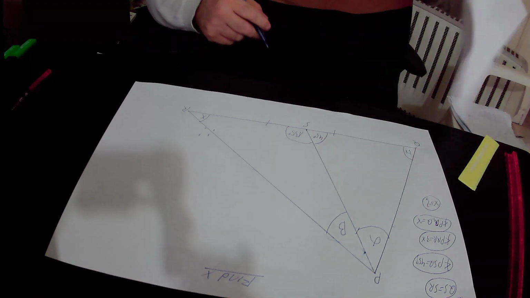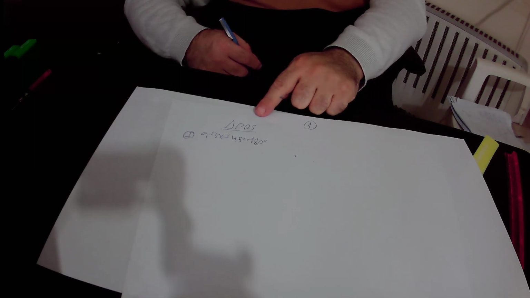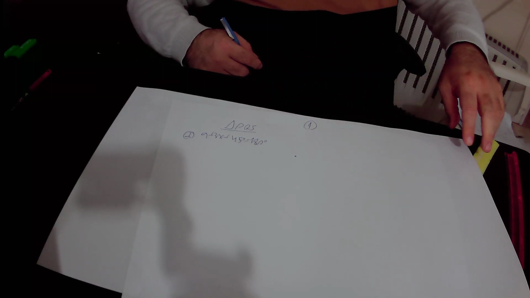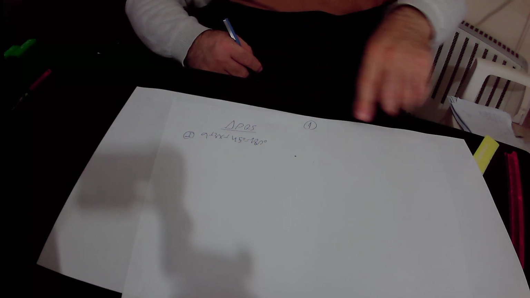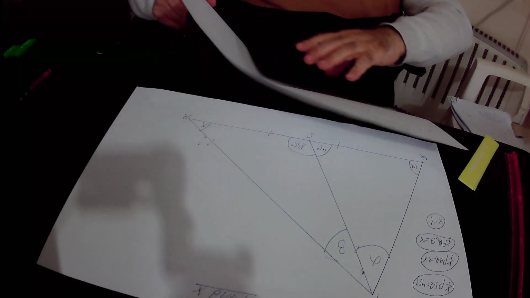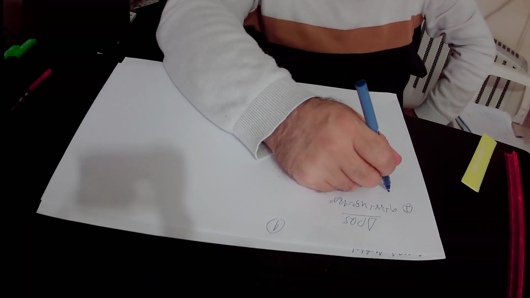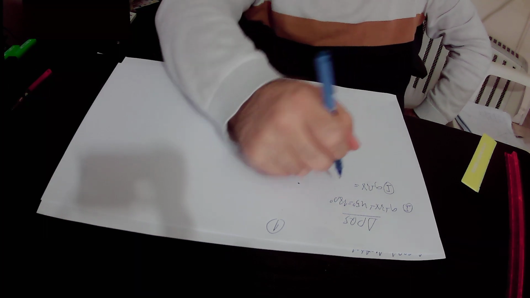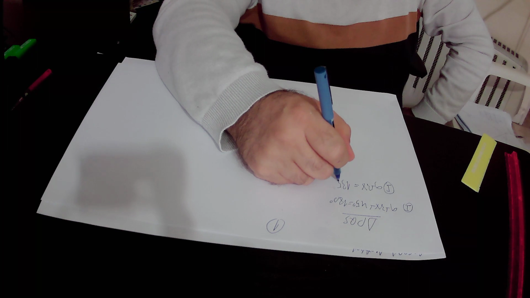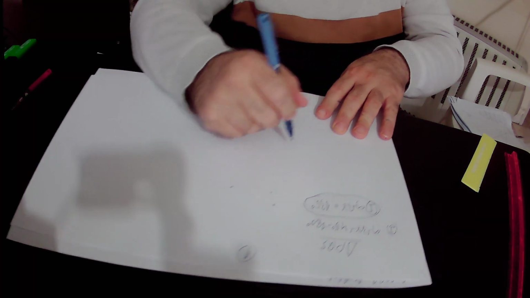Here we will subtract 45 degrees from this equation, equation number 1, and we will get that alpha plus 3x equals 180 degrees minus 45 degrees, which is 135 degrees. So according to equation number 1, alpha plus 3x equals 135 degrees.